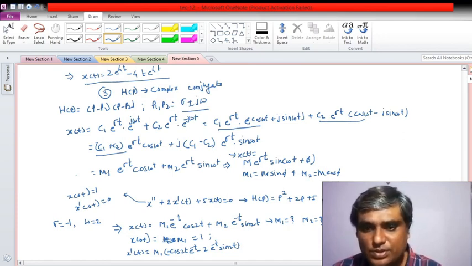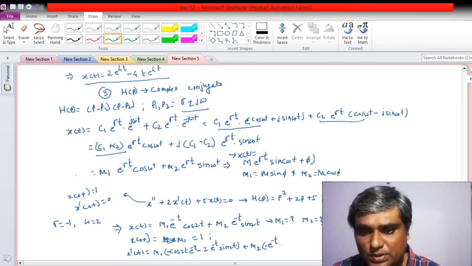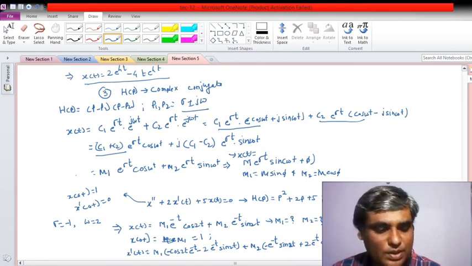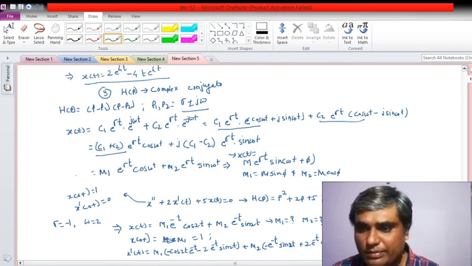Plus m2 times first function into the derivative of this, plus 2 e^(minus t) cos 2t. Let us evaluate this at t equals 0 plus. So x dash of 0 plus is 0, which will be minus m1 plus 2 m2. We know m1 is 1, so m2 will be 1 by 2.